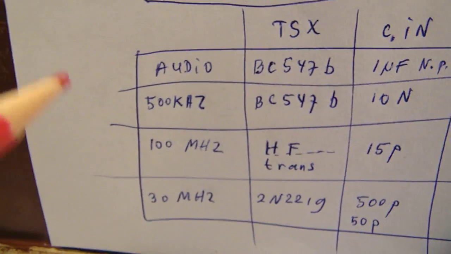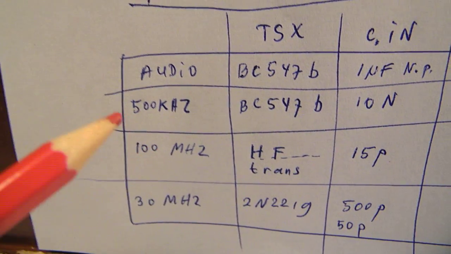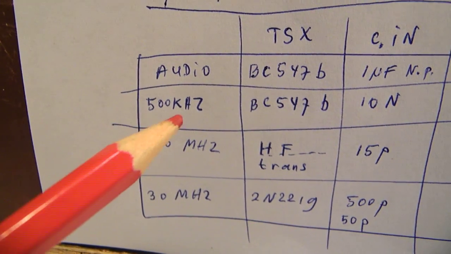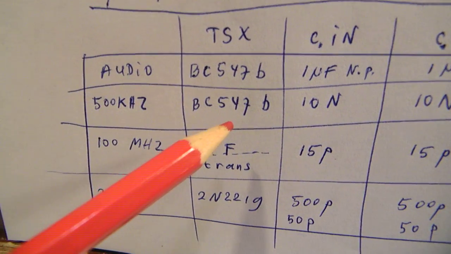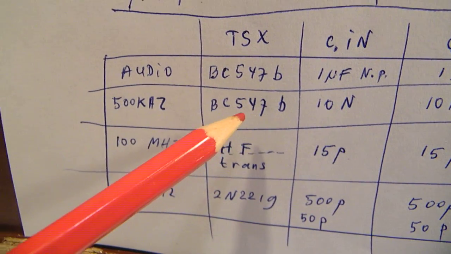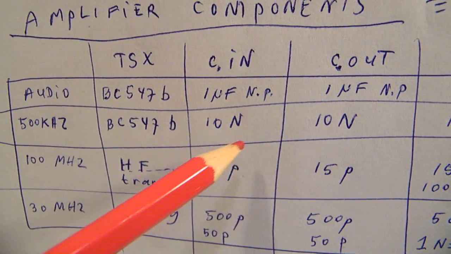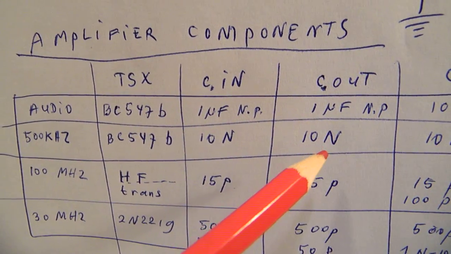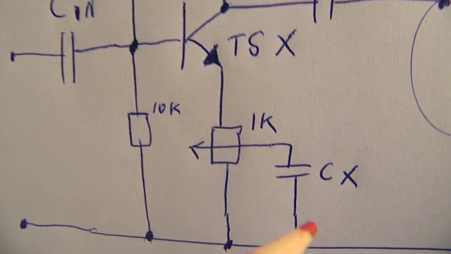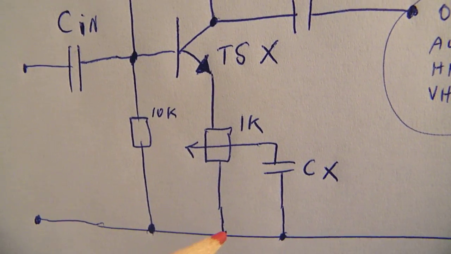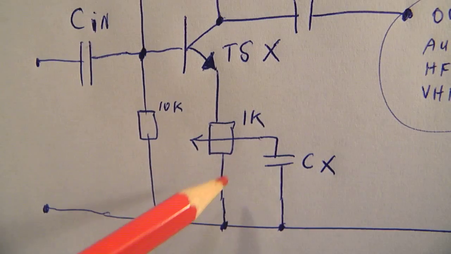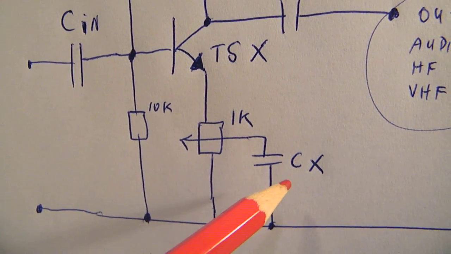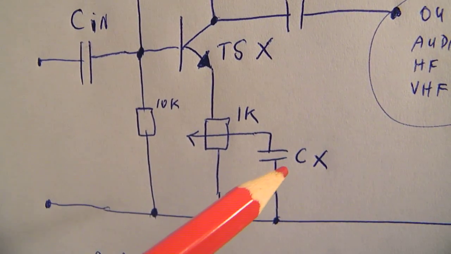When you want to amplify frequencies in the 500 kHz band, say for an IF amplifier, you can use the BC547B, good quality transistor, but the input and the output caps must be in this range. And the capacitor here in the 500 kHz band must be approximately 10 nanofarad or 47 nanofarad.